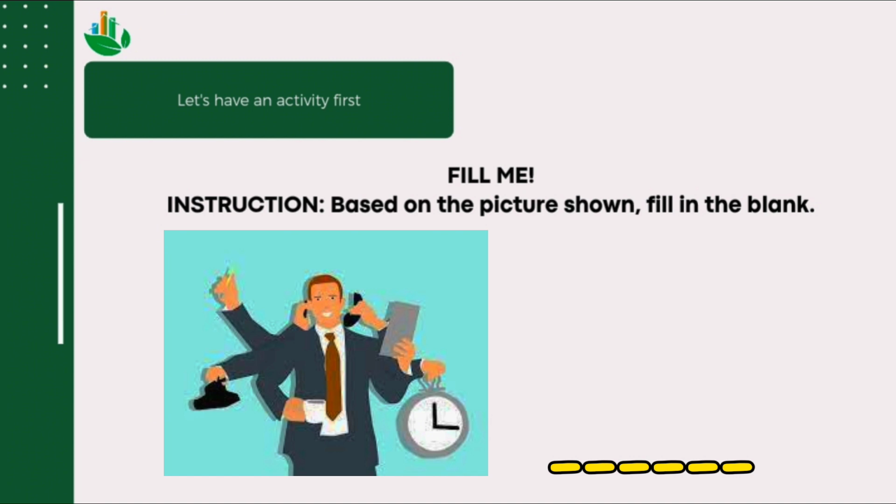So what can you observe in this picture? It has only one person calling, while having a lot of cell phones, right? Just focus on the one person, right? Even in love, you need to focus on one person, but let's focus on our activity, okay? So yes, the word for that picture is single, right?